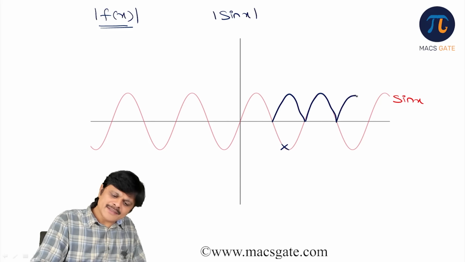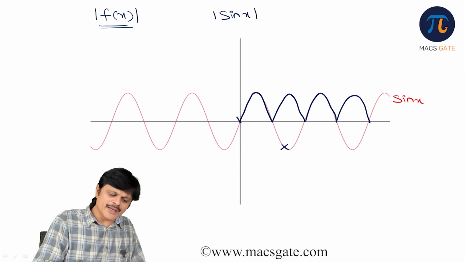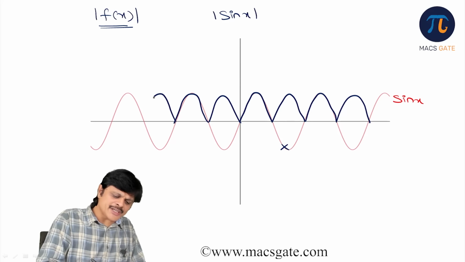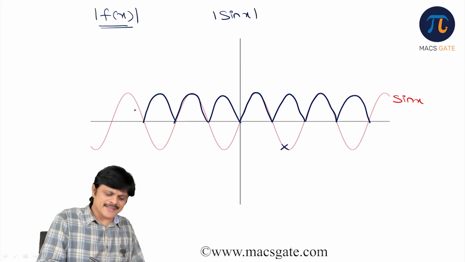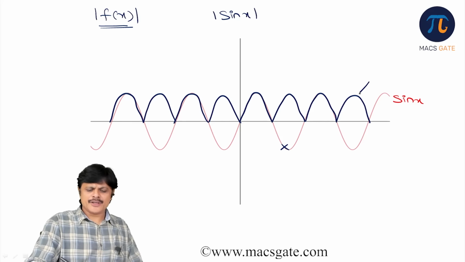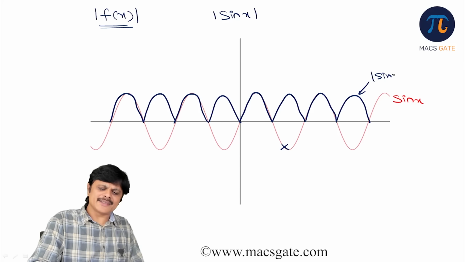Like this. So the black one which I am drawing is your mod sin x graph. Above the x-axis you keep it as it is, below the x-axis you just transform it to above the x-axis. So this fellow would be your mod sin x.